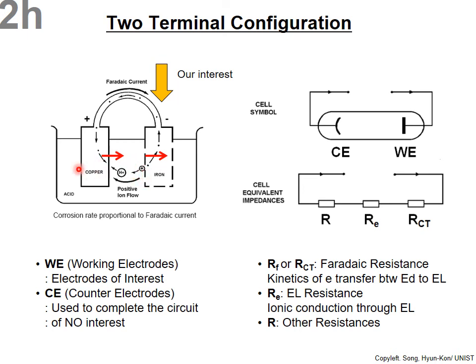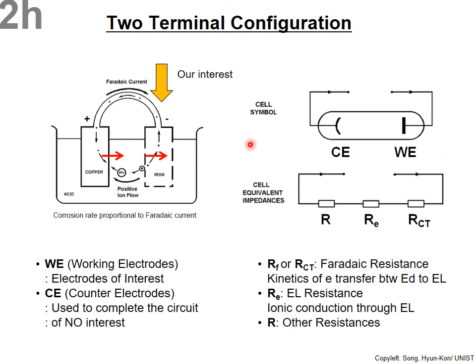Moving means some rate or speed, so we could describe the rate as resistance. High electrolyte resistance indicates slow movement of ions. It means very low ionic conductivity.